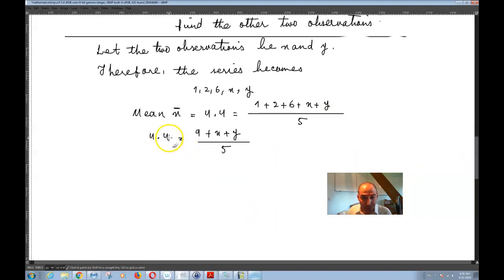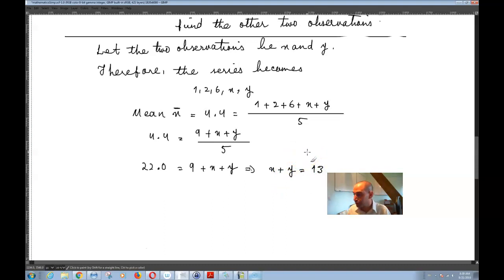Now 5 times 4.4 is equal to 22, which is equal to 9 plus x plus y. That means that x plus y is equal to 22 minus 9, which is equal to 13. X plus y is equal to 13.